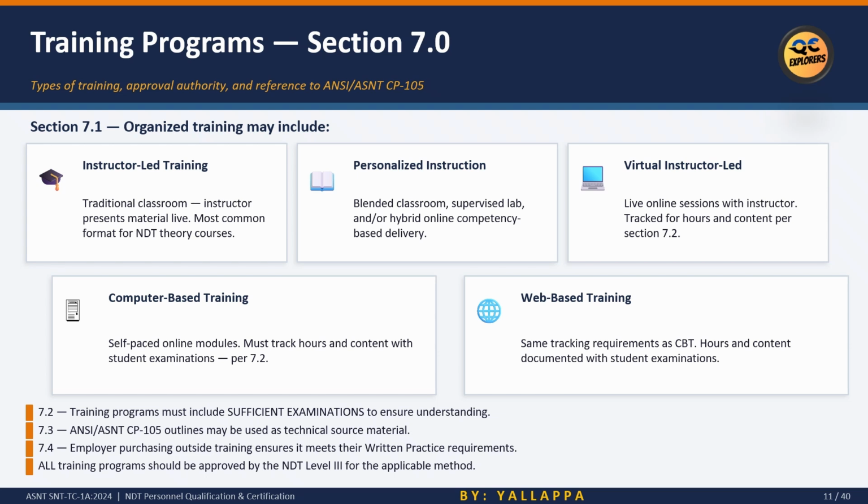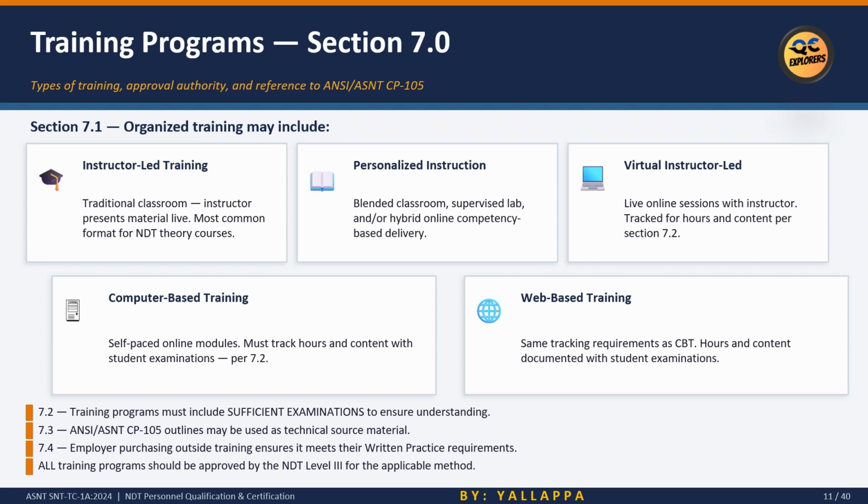Discuss acceptable training formats. ASNT-TC-1A recognizes multiple training approaches. These include instructor-led classroom training, personalized instruction, virtual instructor-led sessions, computer-based training, and web-based training. However, all programs must include sufficient examinations to verify understanding.